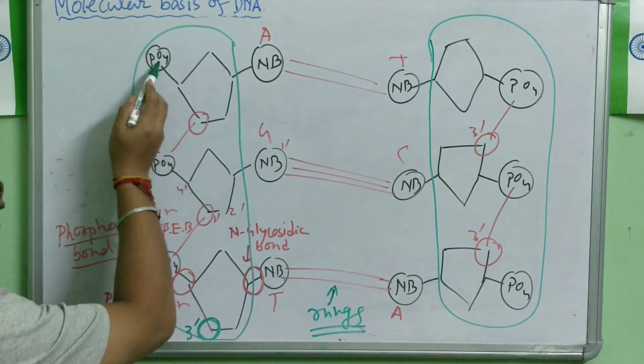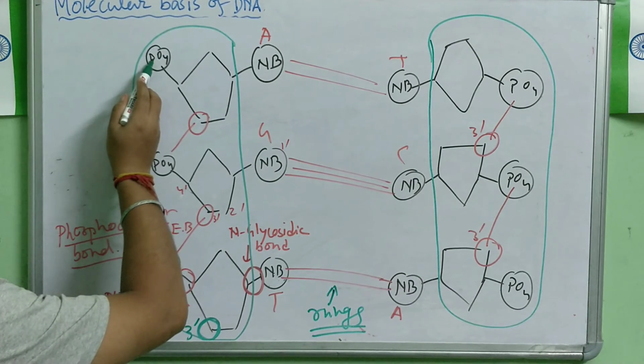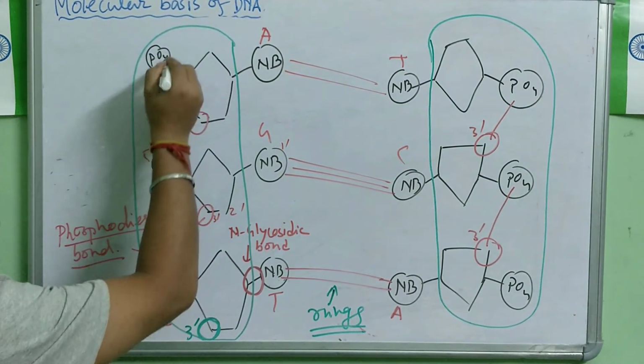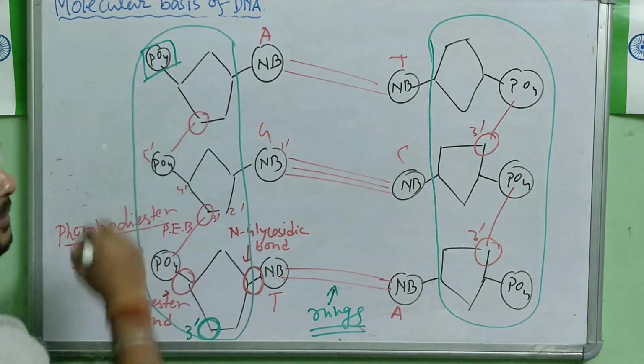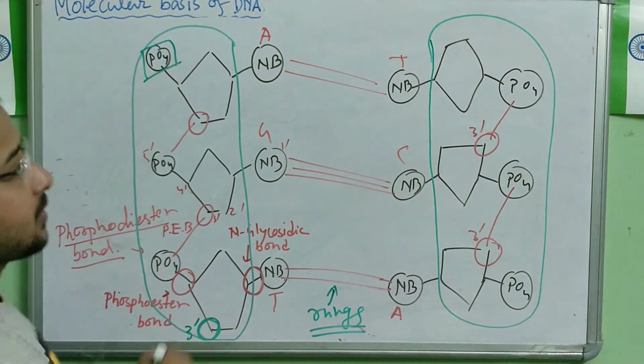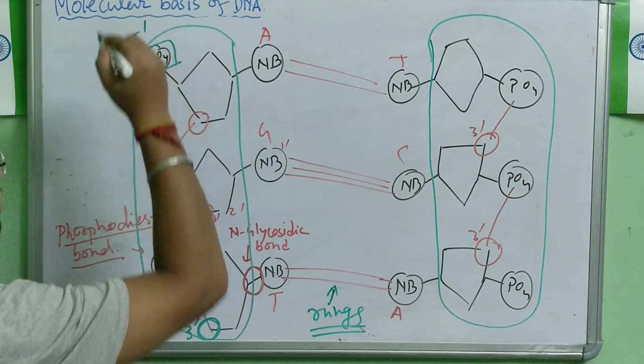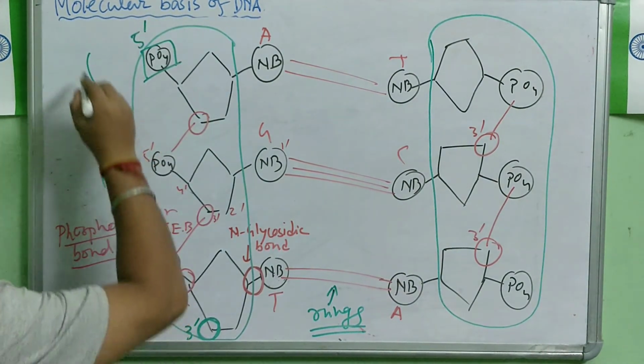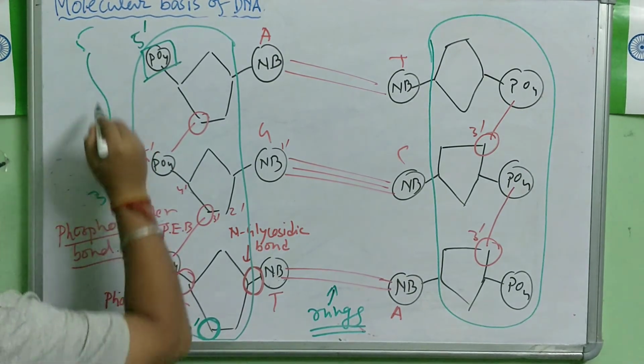So this phosphate group is not going to bind with anybody at the top. So this 5 prime position remains free. That's why I write here 5 prime. So this strand becomes 5 prime and 3 prime.